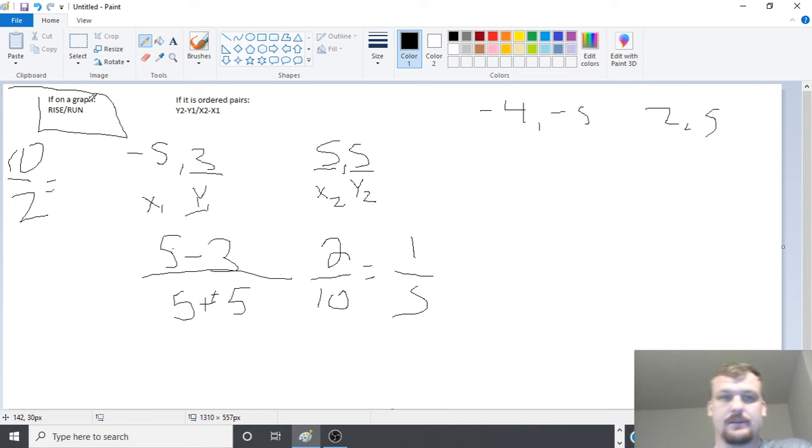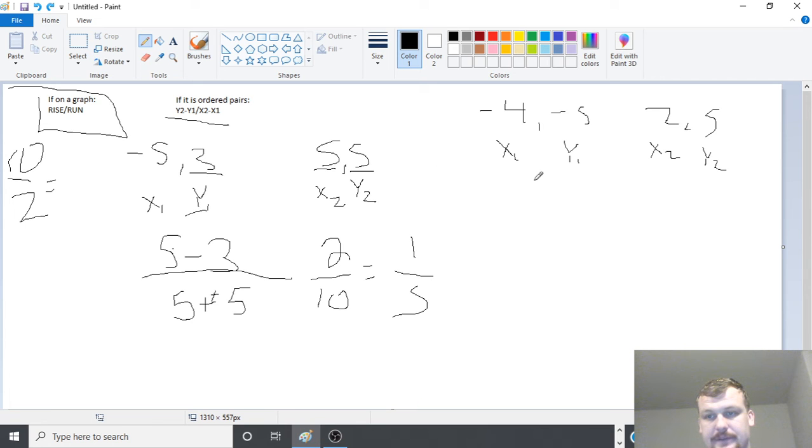So remember, this is not a graph, so we are using the ordered pairs, y2 minus y1. The first thing we should do is label them x1, y1, x2, y2.